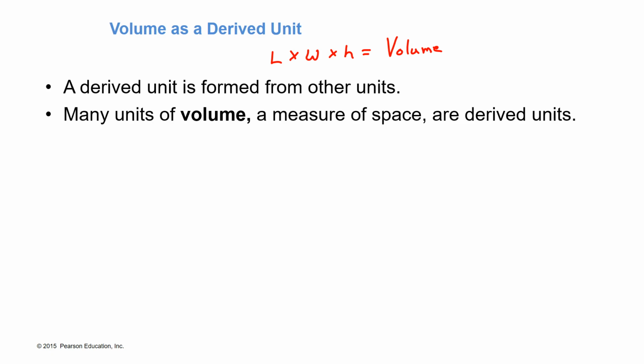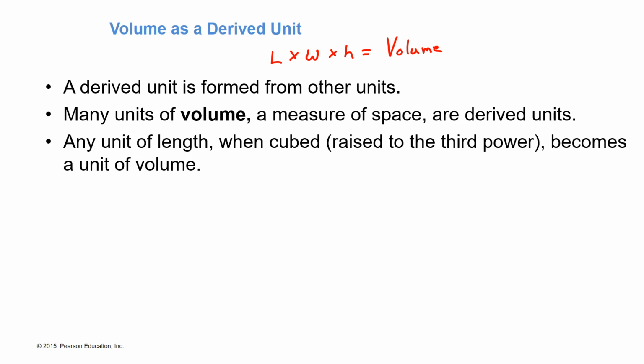So when we're talking about units of volume, if we do something like length times width times height, hopefully when you measured them, if you measured length in centimeters, you also measured your width in centimeters, and you measured your height in centimeters.